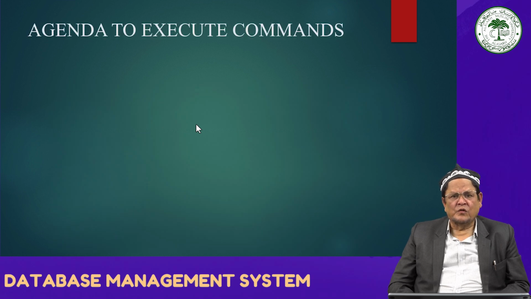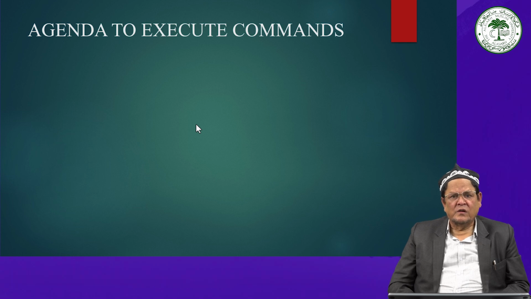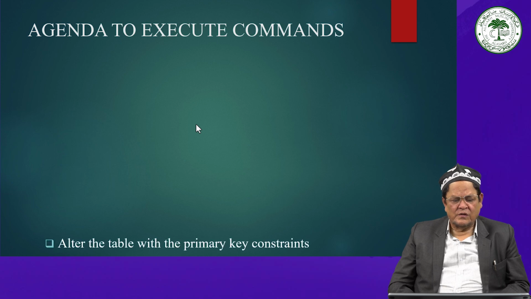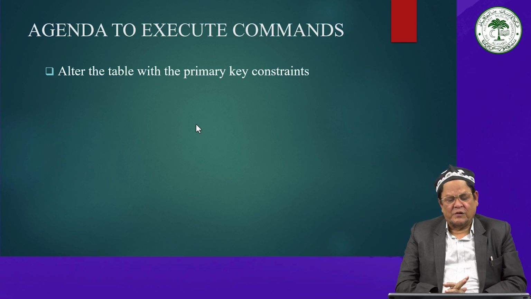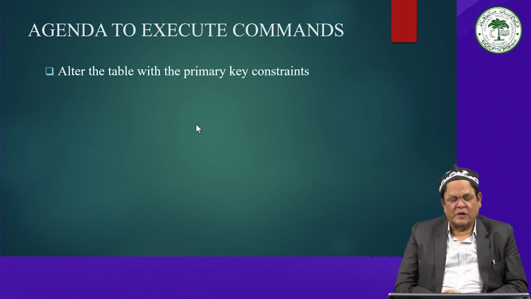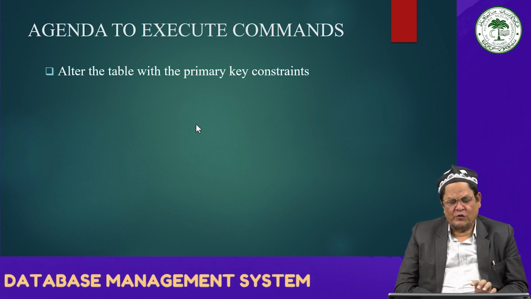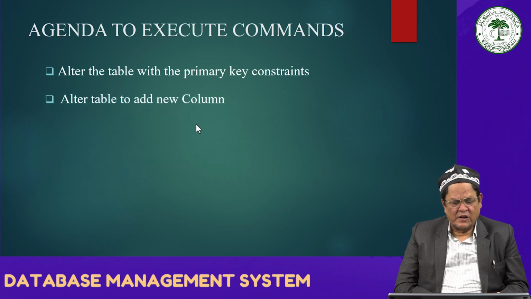So today's agenda is to discuss the different commands of SQL. First will be to alter the table with the primary constraint. So you can alter the table by using a primary constraint. Next will be alter table to add a new column.